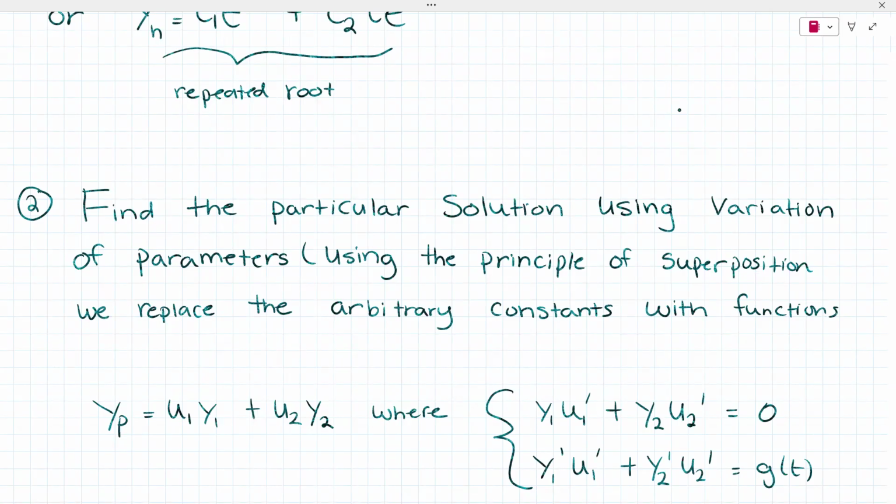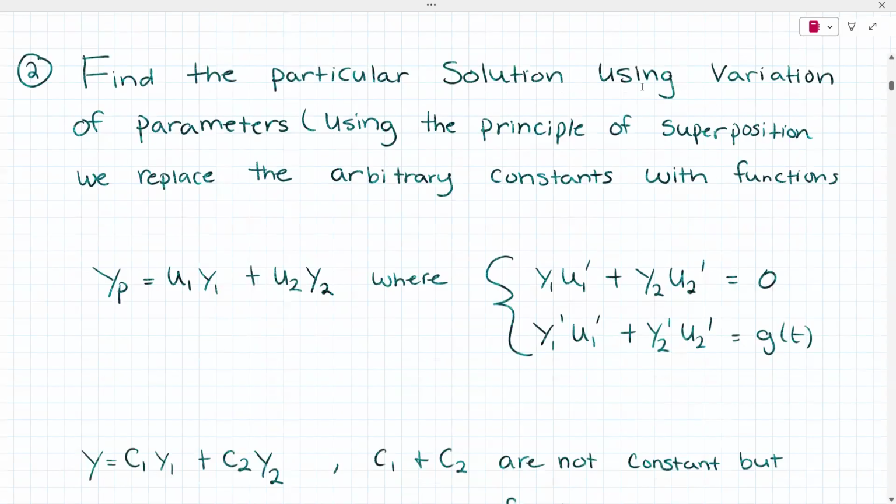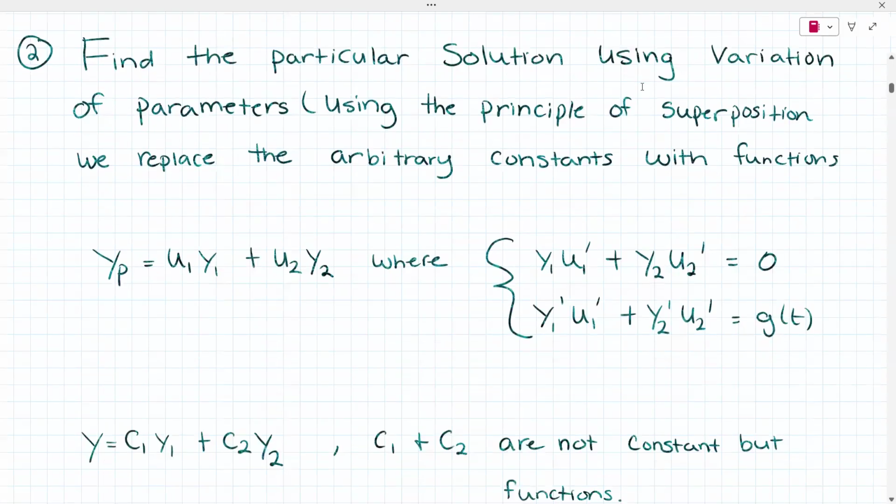We replace the arbitrary constants with functions. So yp equals u1 times y1 plus u2 times y2.